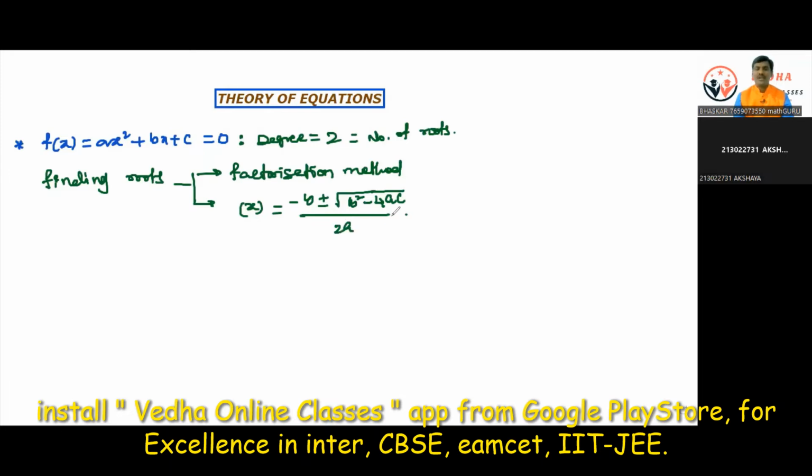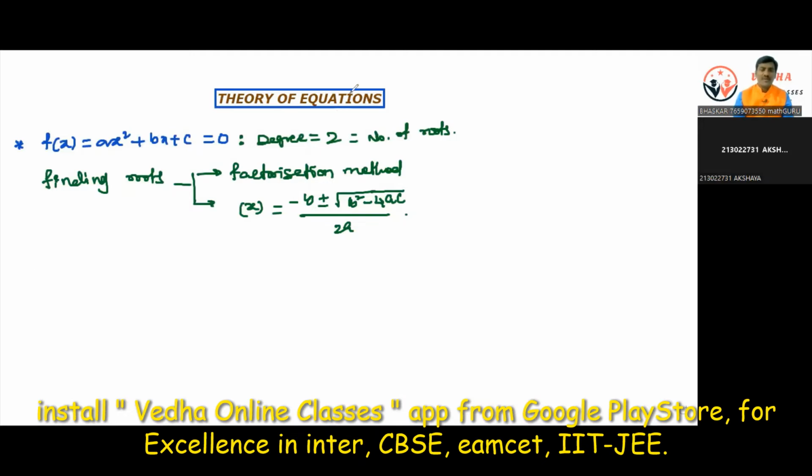This is the formula for finding the roots of a quadratic equation. These 2 methods we frequently use here. We have other methods also, but we are going to use these 2, based on the situation.